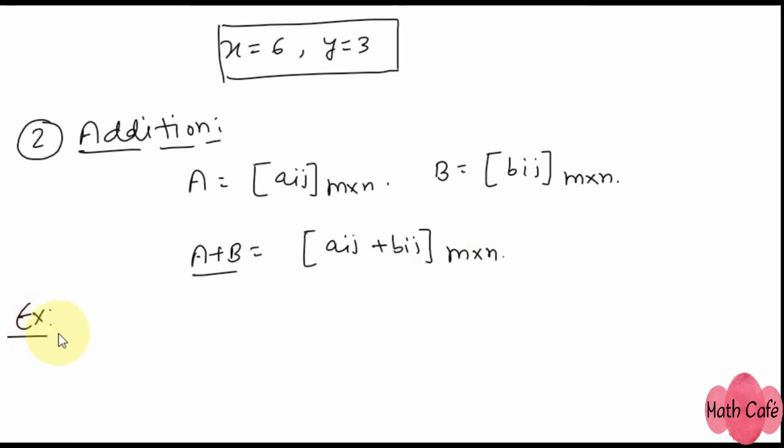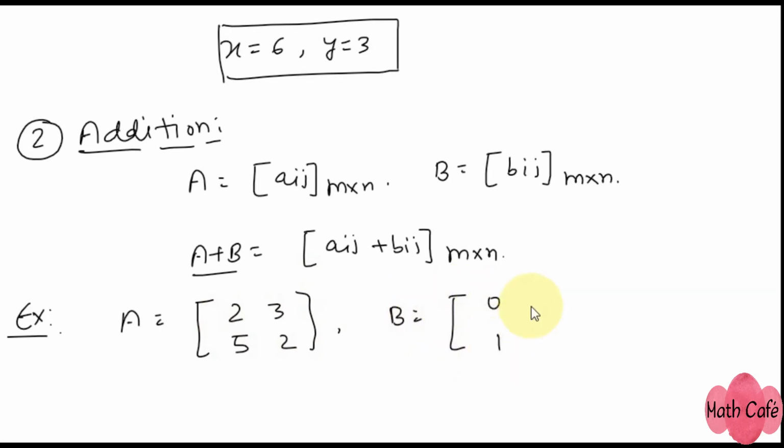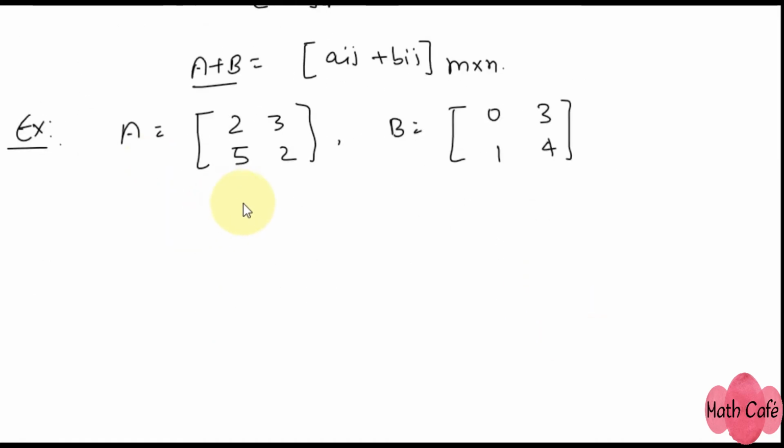Alright, so let's take an example here. If a matrix A is 2, 3, 5, 2, and another matrix B is 0, 3, 1, 4, and we are going to add both the matrices.